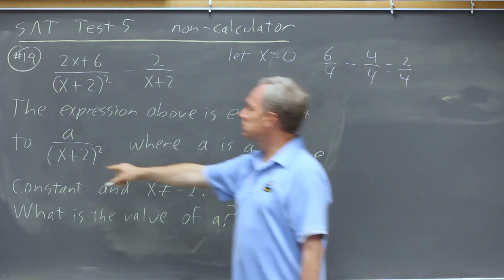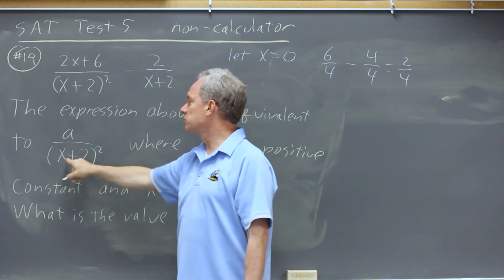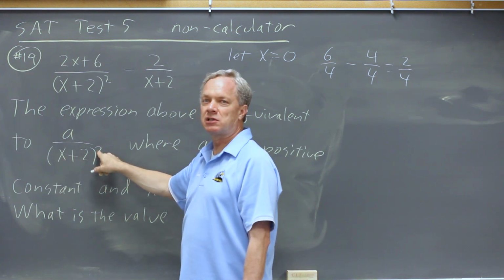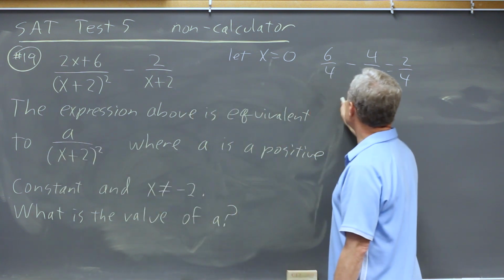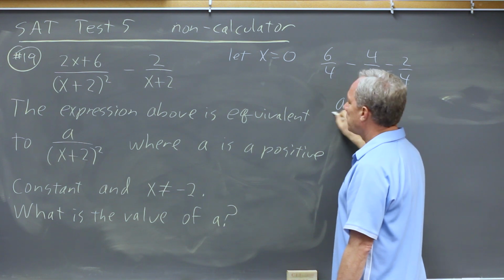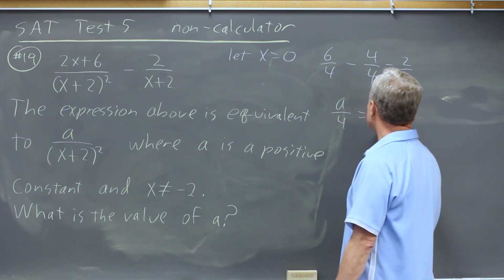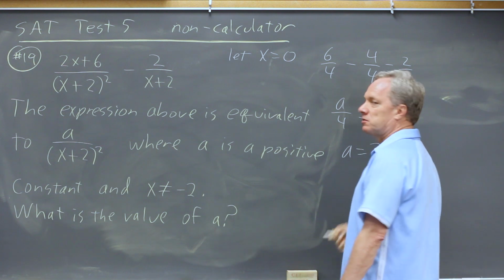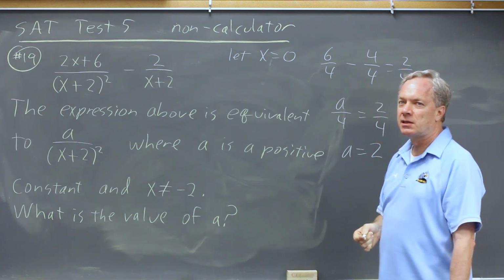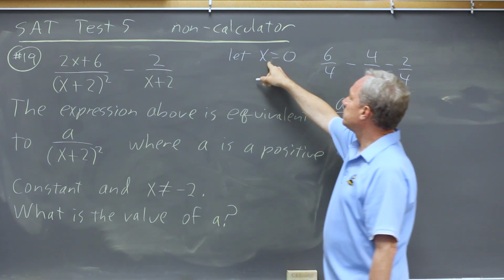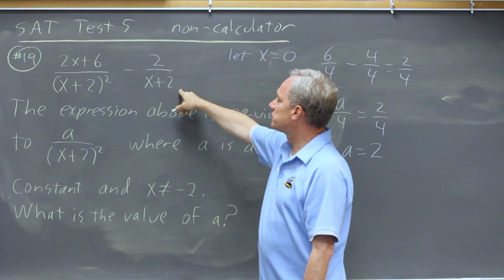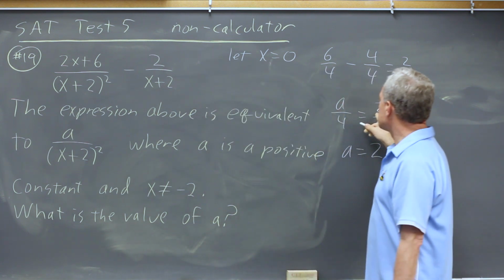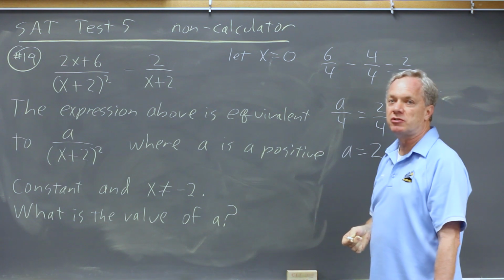At x equals 0, my denominator here is 0 plus 2 is 2, squared is 4. So a over 4 equals 2 over 4, a equals 2. Again, making up a value x equals 0 simplifies this to arithmetic, and since a equals 2 when x is 0, a equals 2 for all x.